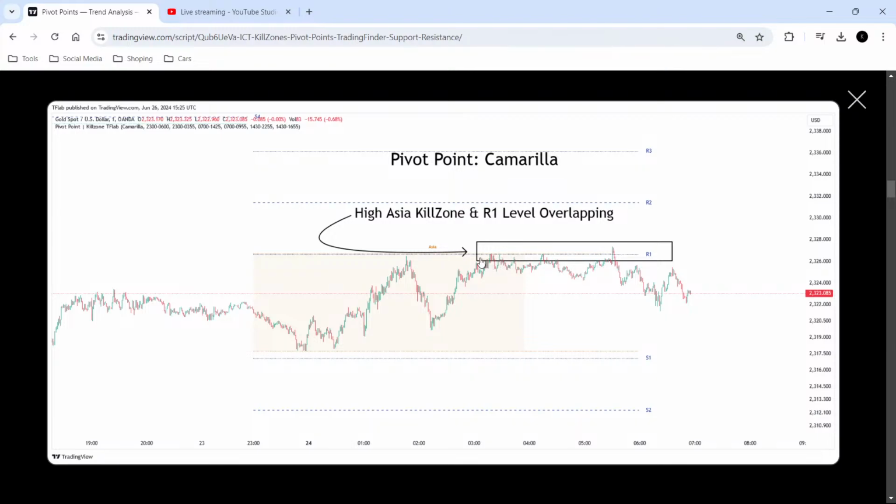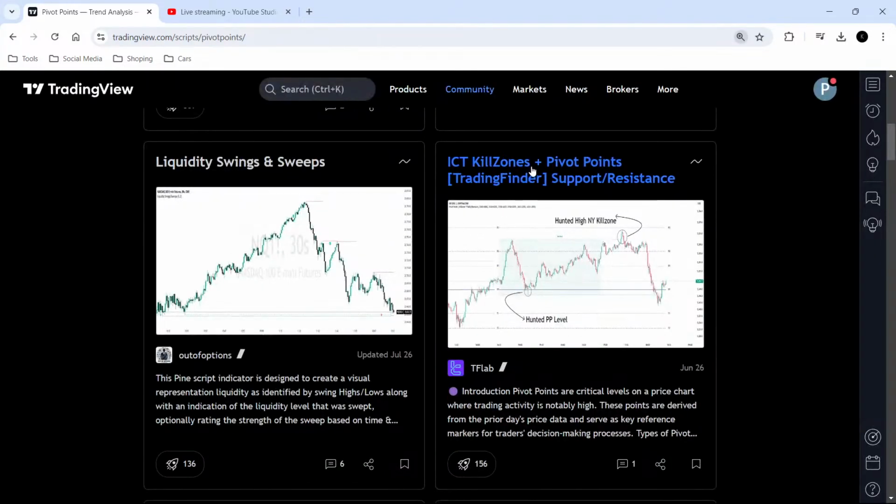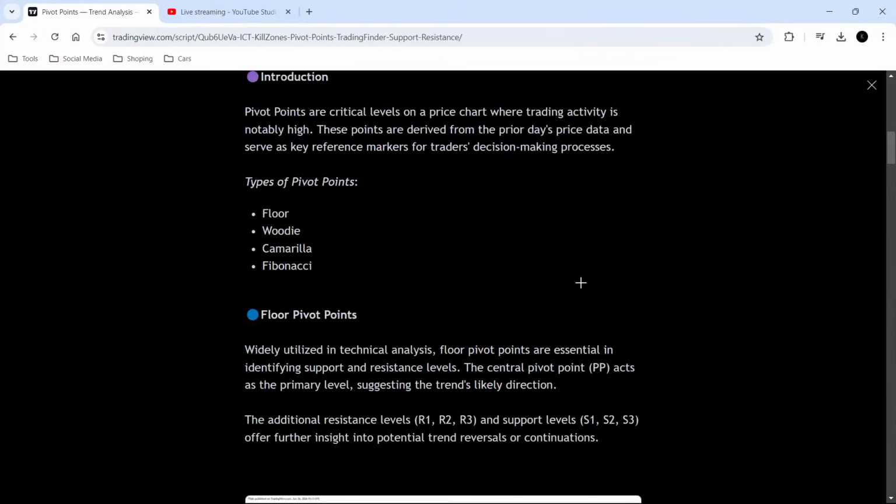What, like kill Asian or what? Bro, what? Yeah, I think this is it. So when it goes through the resistance, it will most likely go back down and then what? This is crazy. Why do I keep closing this?